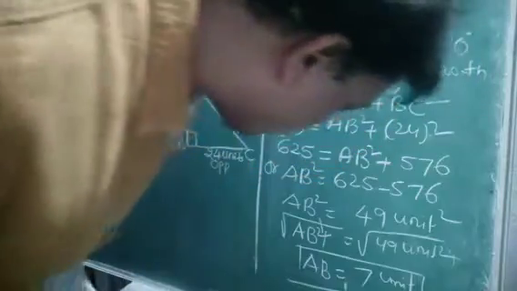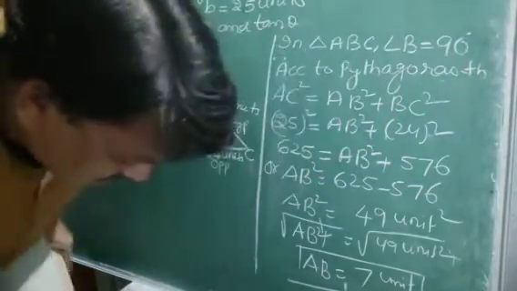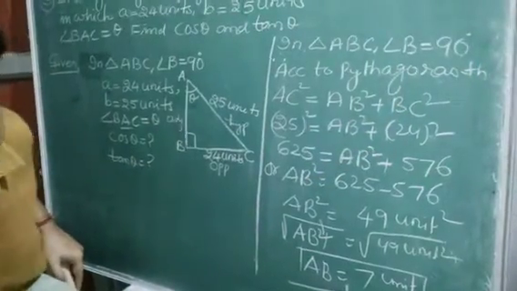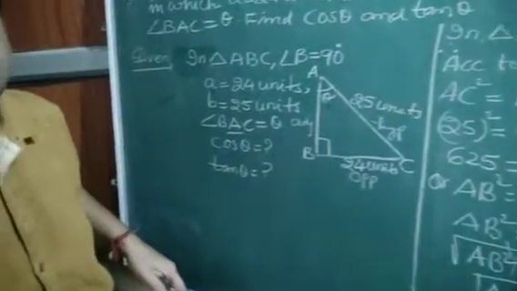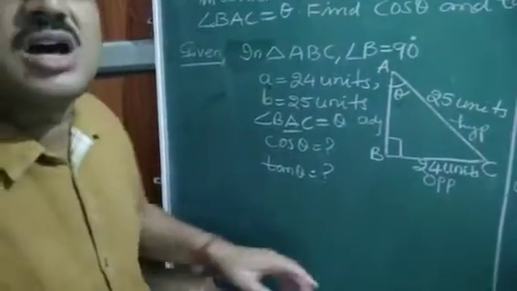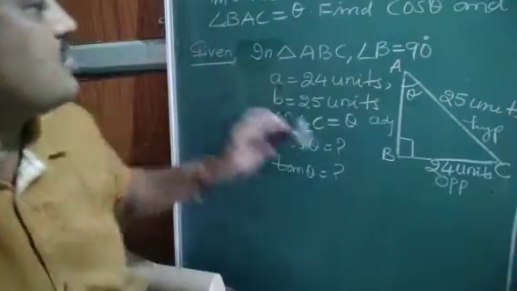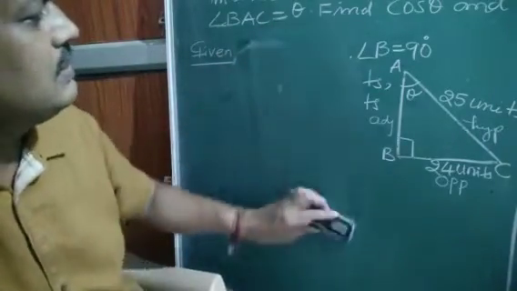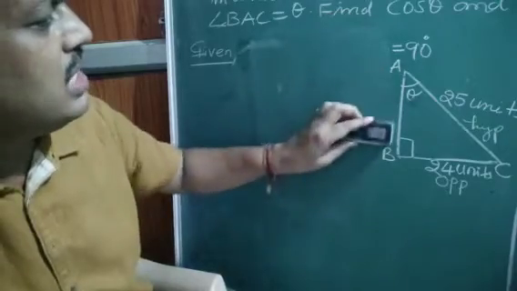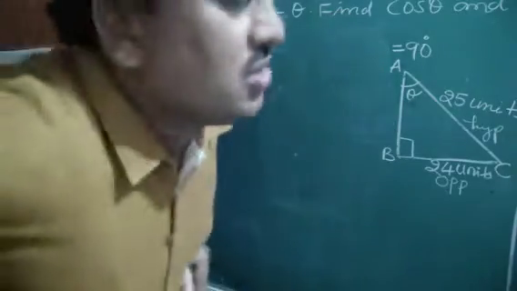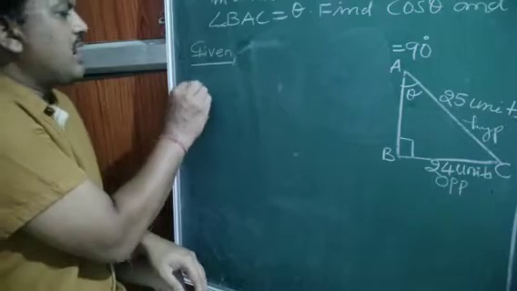Okay, children. Now once we have the values of all three sides, we can simply use the formulas of trigonometric ratios to find out. What are the formulas, children? You have to find cos theta and tan theta. So what is the formula of cos theta, children?